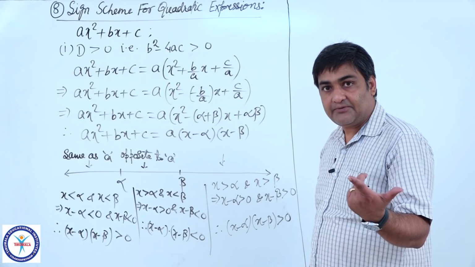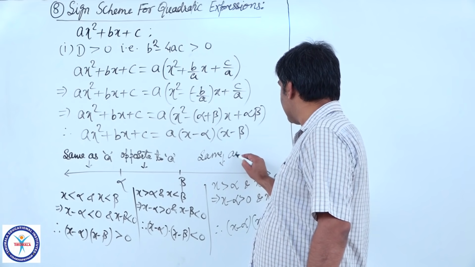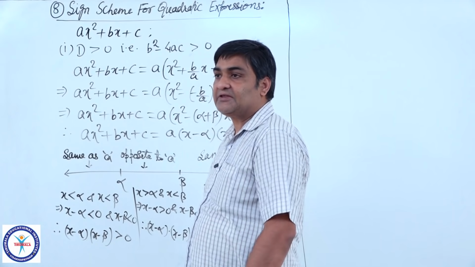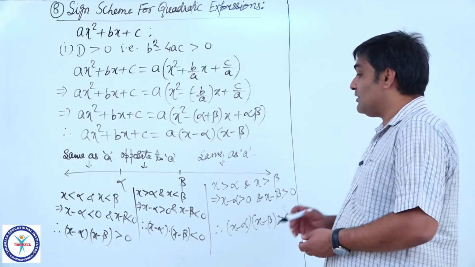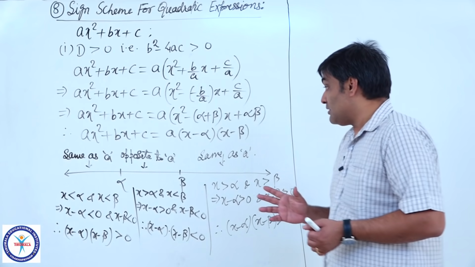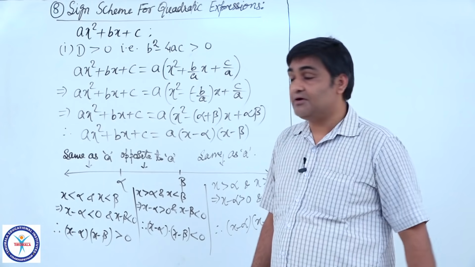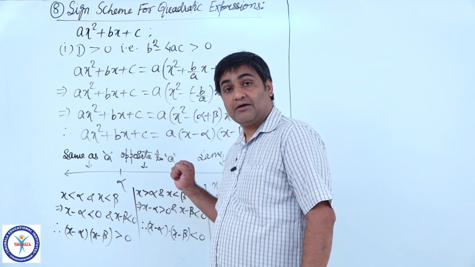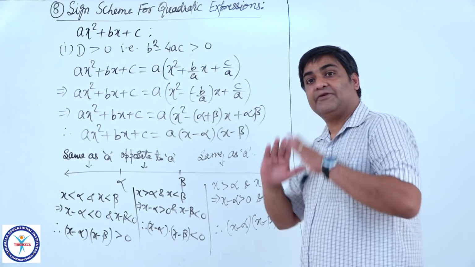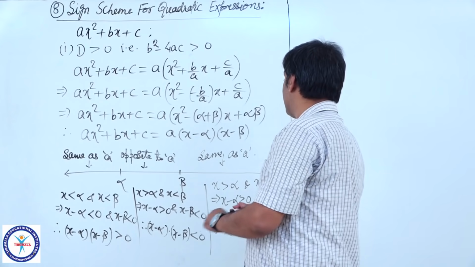If A is negative, sign is negative. So, here the sign is same as A. So, you can remember this result as: in between the roots, the sign is opposite to A, and outside the roots, the sign is same as A, where A is the coefficient of x square.